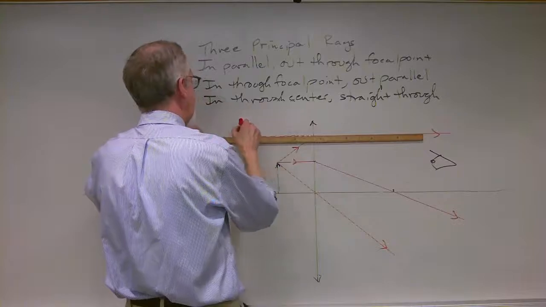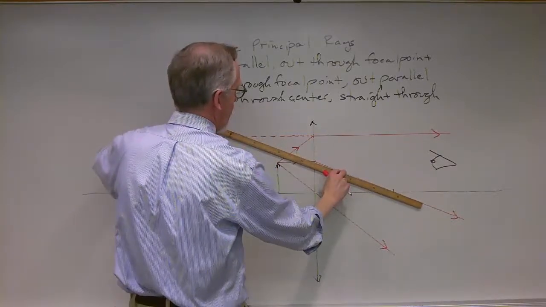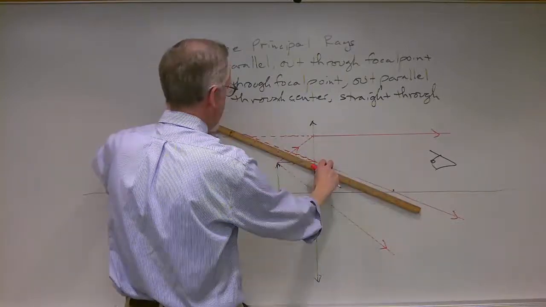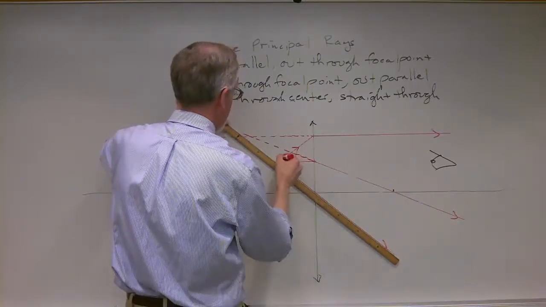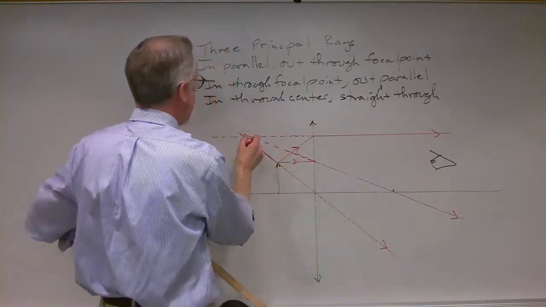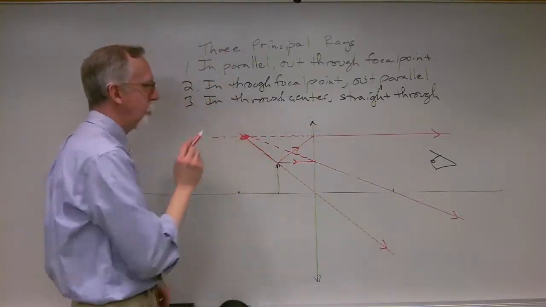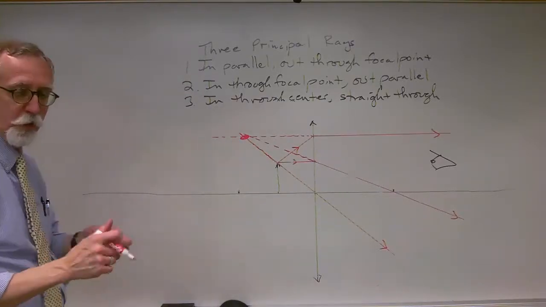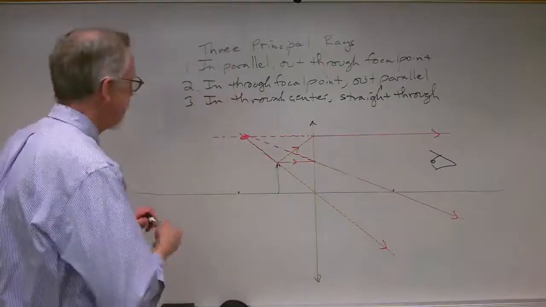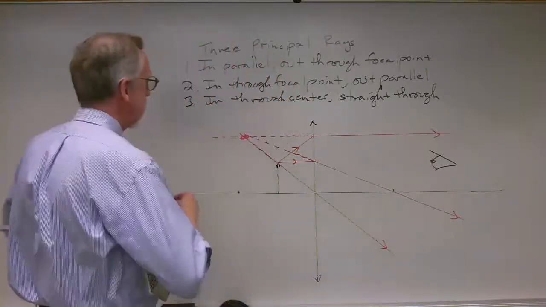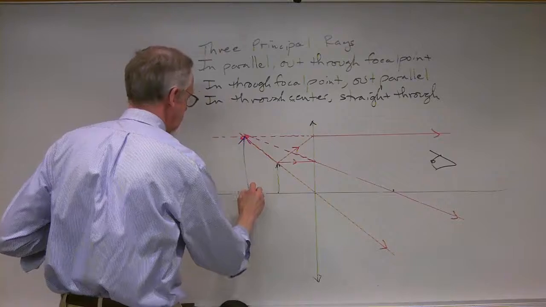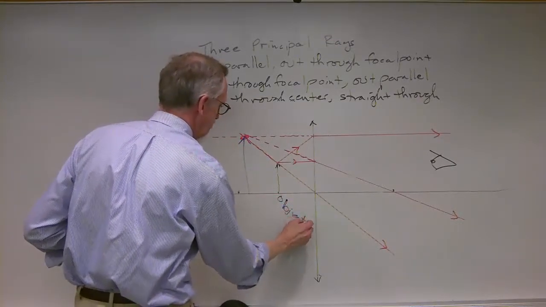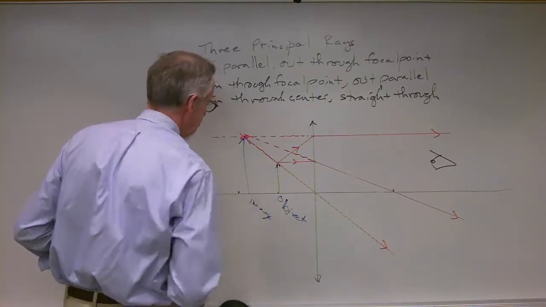Well, trace this one back, trace this one back, trace this one back, and they seem to come from a consistent point back over here. In other words, our image will look like this. There. So there's our image. Here's our object, and here's the image. There we go.